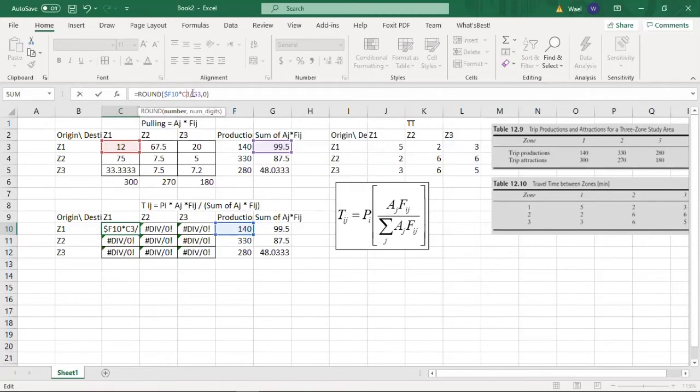The same also for the pulling force, the 12. It's not going to be frozen on the row, just moving. But the sum of AJ will be frozen in column.